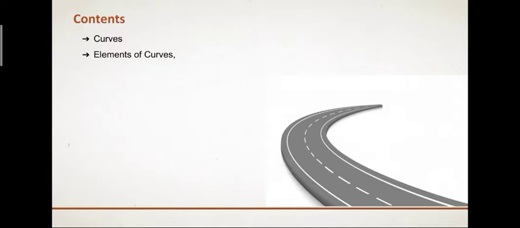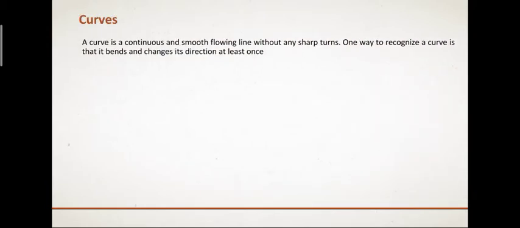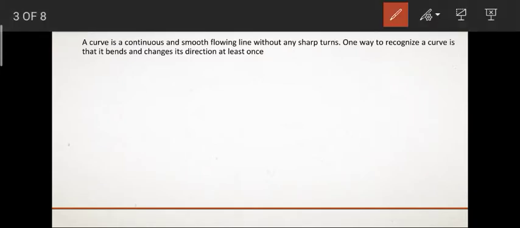We will see what the elements of a curve are when you are doing it in a survey, right? So a curve is a continuous and smooth flowing line without any sharp turns. Sharp turns means 90-degree turns or 60-degree turns, you can say it is a sharp turn. One way to recognize a curve is that there is a bend or a change in direction at least once, as I have shown, right?